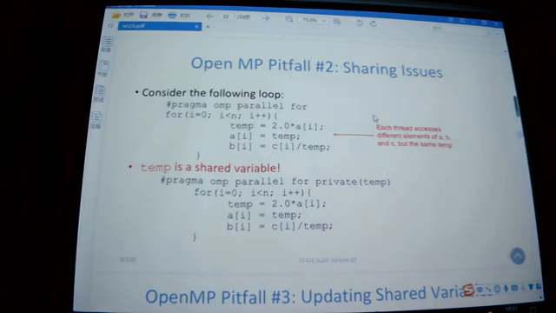So the temp variable is shared in all scopes. We must make temp private for A, for B, and for C.